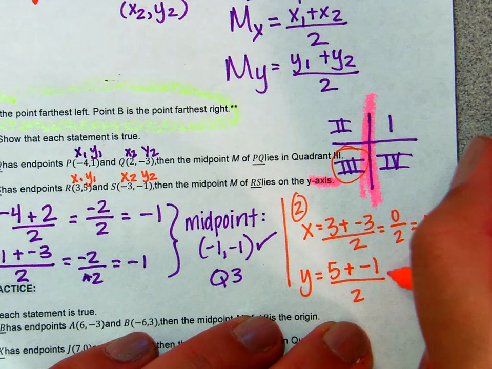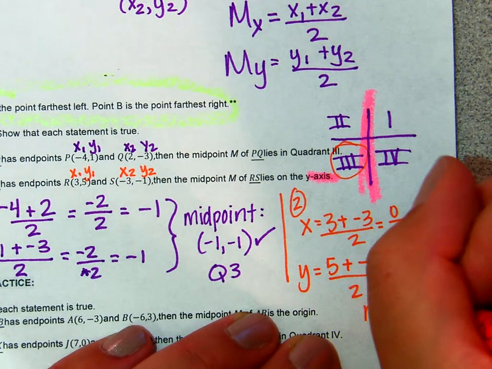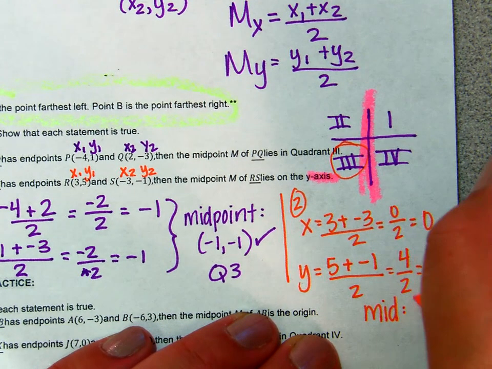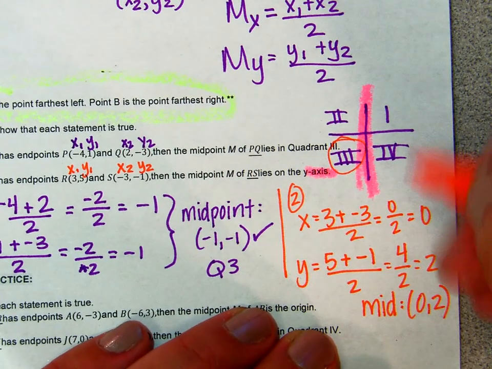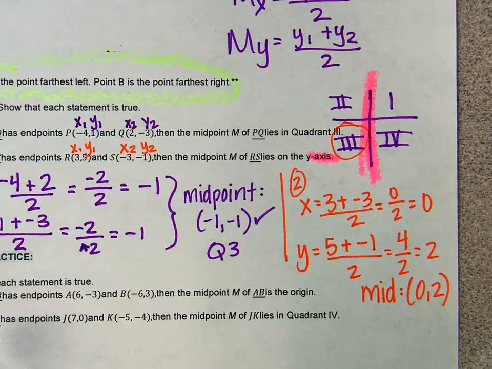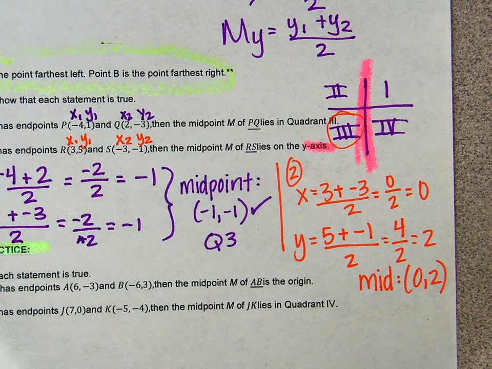This is 4 over 2, which gives me 2. So my midpoint is at 0, 2. If I plot that point, 0, 2, it is somewhere on that crazy pink line that I tried to highlight and make it look nice, but it's not. So it is on the y-axis. You have a couple of problems to practice here yourself, so give them a shot.